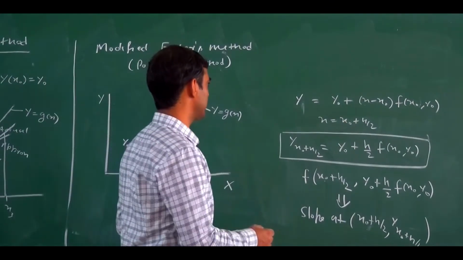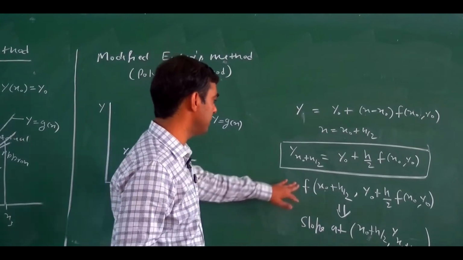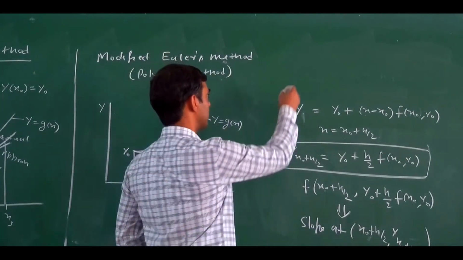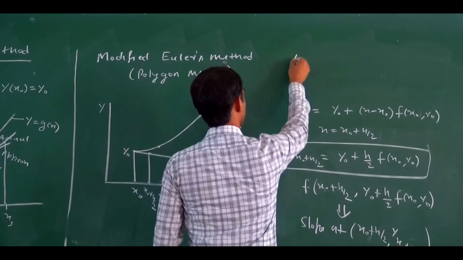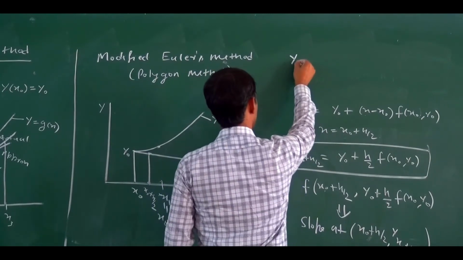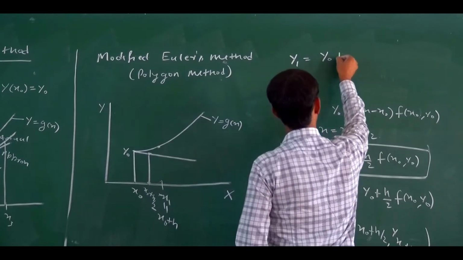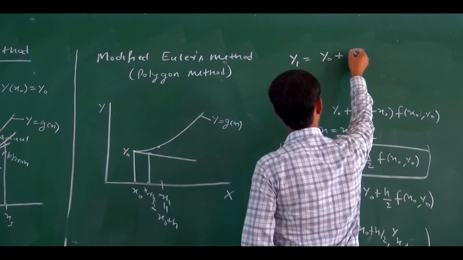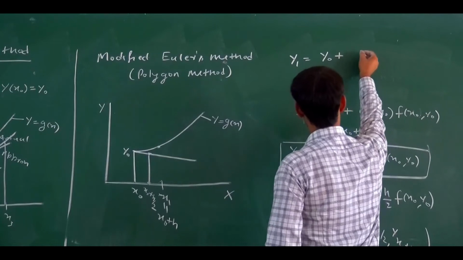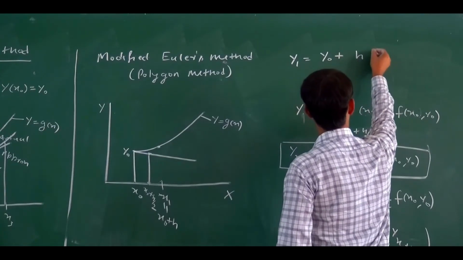So what is the equation of a tangent with this slope? The equation of a tangent with this slope becomes y1 equals y0 plus (x minus x0), which becomes h, times the slope.